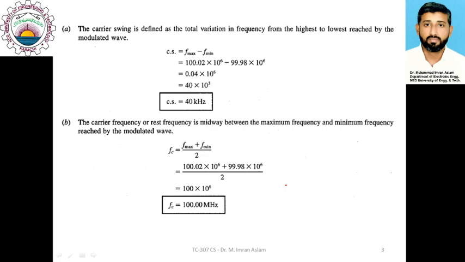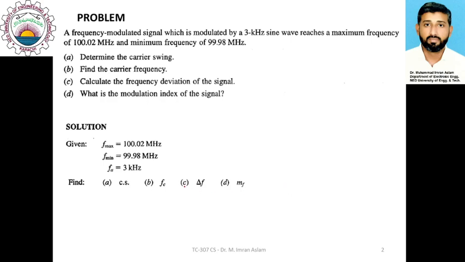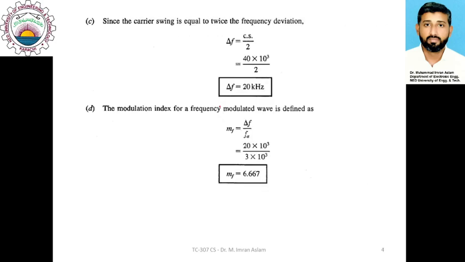The third thing required in the problem is the frequency deviation, delta f. What is delta f? We can calculate delta f in a number of ways. We know that delta f, the frequency deviation, is half of the carrier swing. So if we divide the carrier swing by 2, delta f comes out to be 20 kilohertz. Alternatively, you can calculate delta f from the relationship of the maximum frequency.